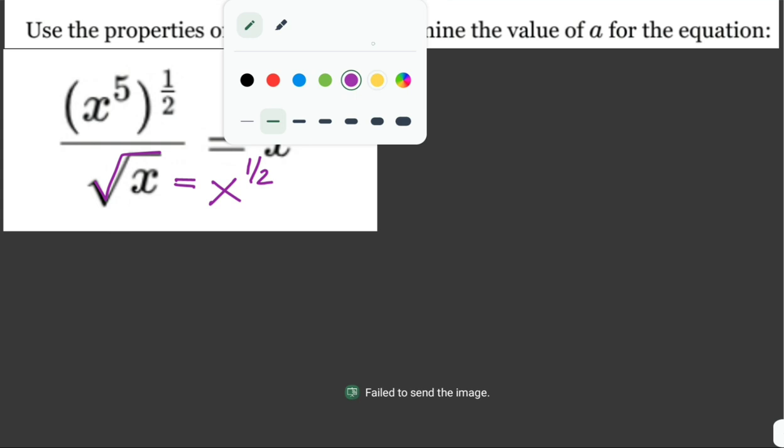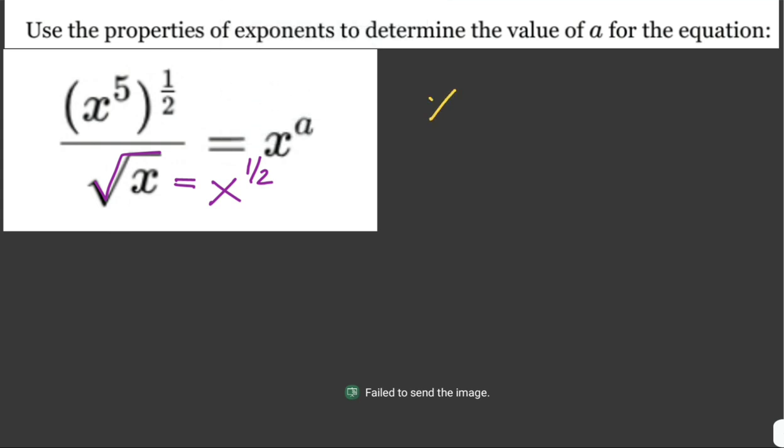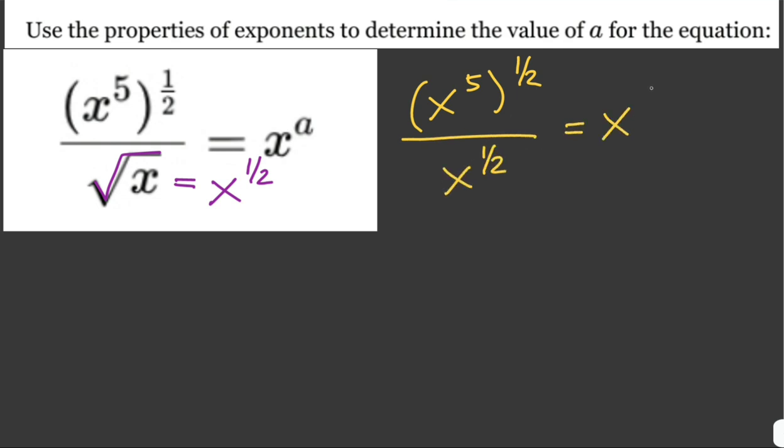And our equation would become x to the 5th to the 1/2 over x to the 1/2 equals x to the a. And then by power to power rule, we can multiply the exponents. This would become x to the 5 times 1/2 is 5/2 over x to the 1/2 equals x to the a.